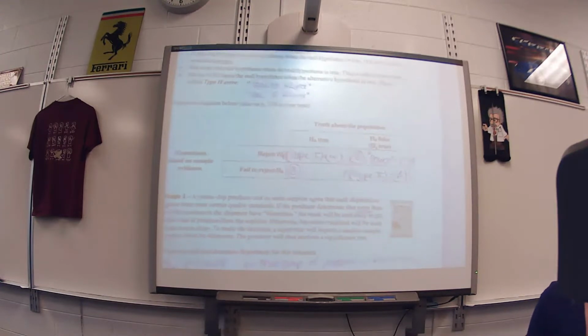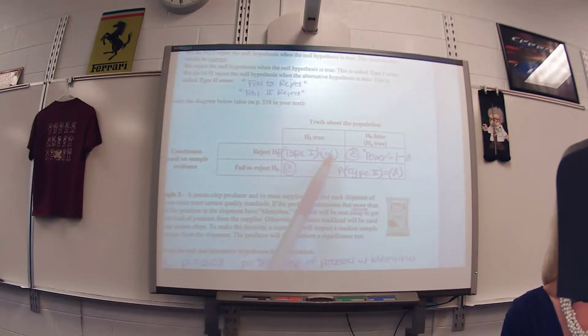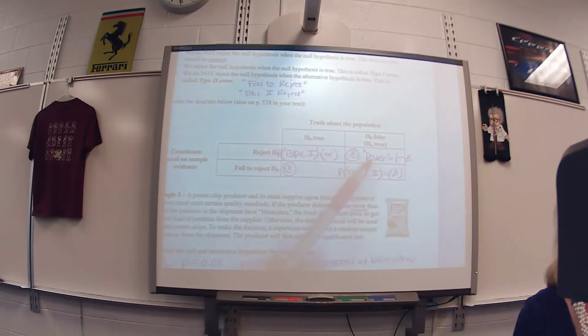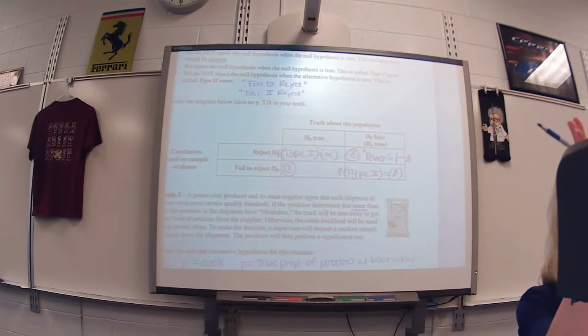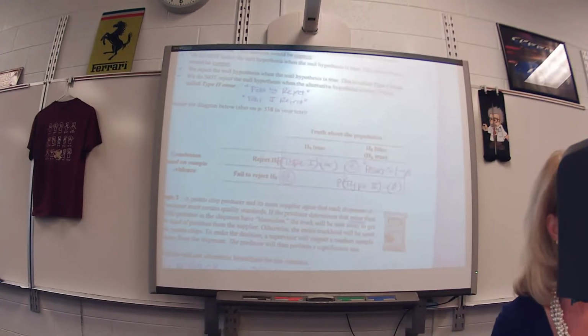And what you need to understand is, if you decrease alpha, you increase beta, but if beta gets bigger, 1 minus beta gets smaller, so your power just got smaller. Every time you change one of those numbers, whether you change alpha or beta, something is going up and something's going down, okay? And that's the balance.